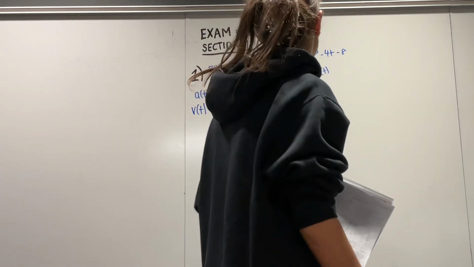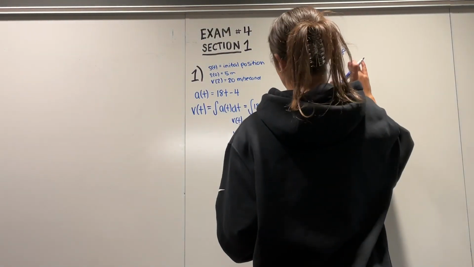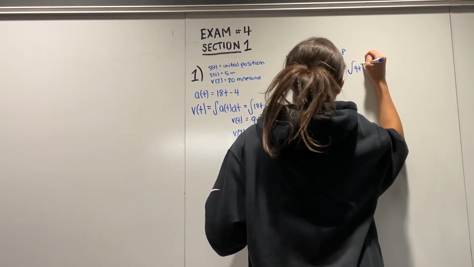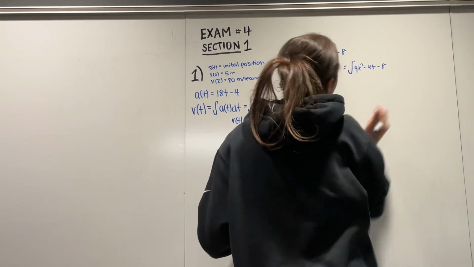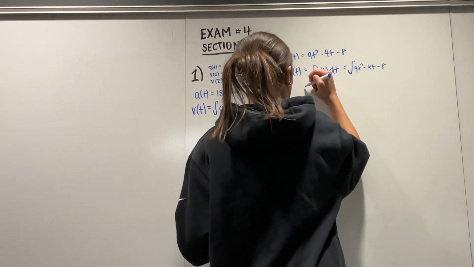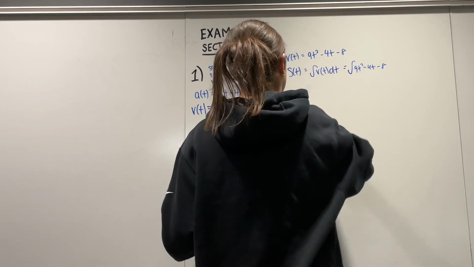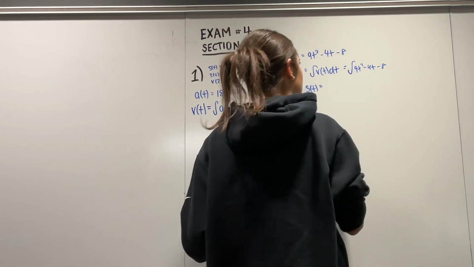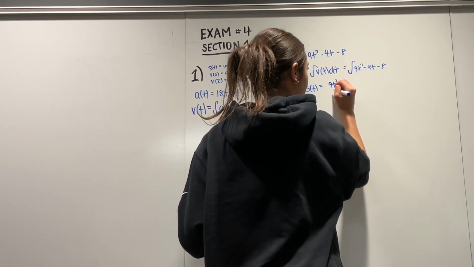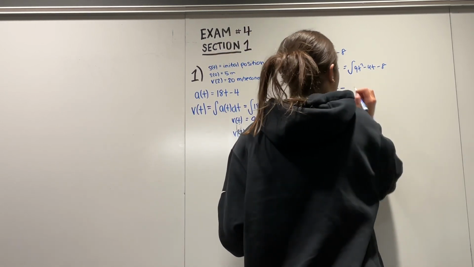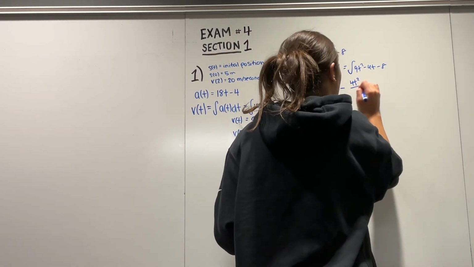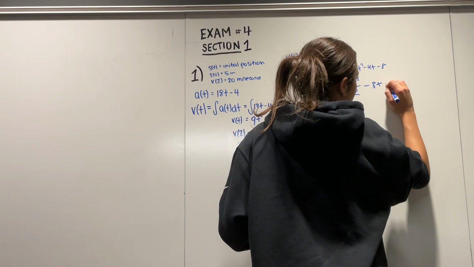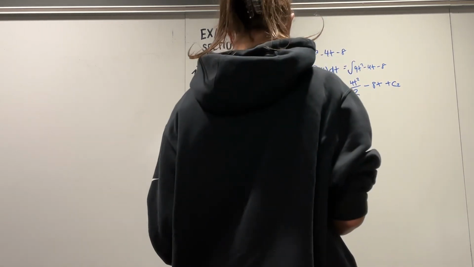So the antiderivative of this entire function, it's going to be the antiderivative of 9t squared minus 4t minus 8, and that's going to equal s of t, and the antiderivative is going to be 9t cubed over 3 minus 4t squared over 2, and then minus 8t, and then we're going to have a c2, so plus c2, because we're going to have another unknown value.